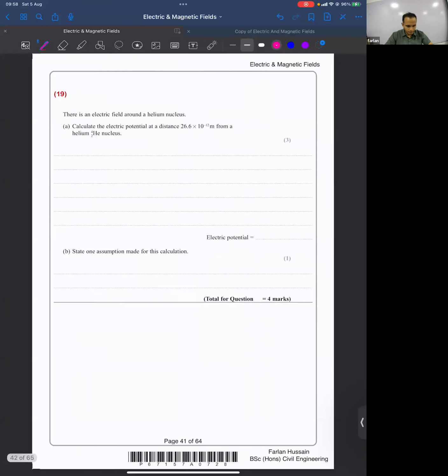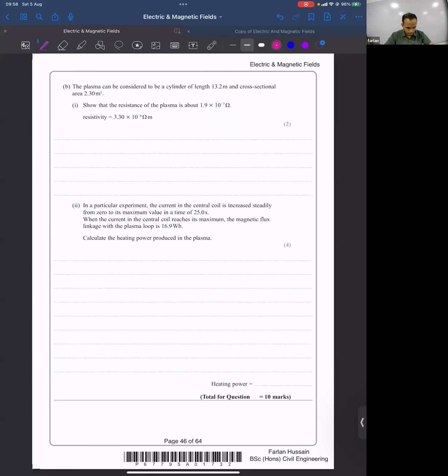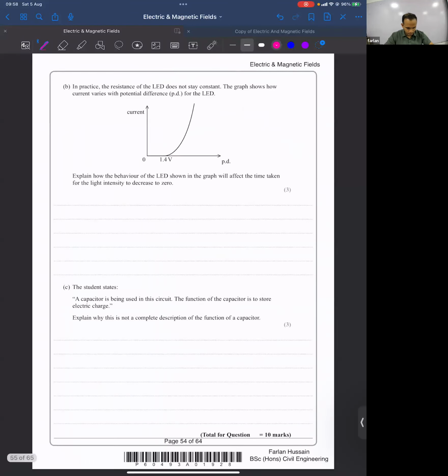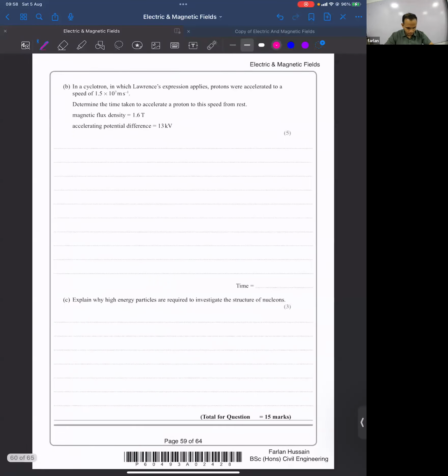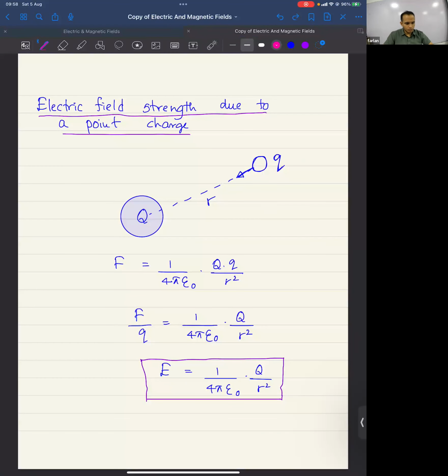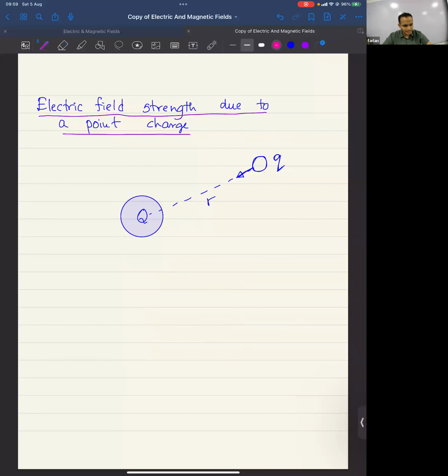Guys, write down the subtopic. Electric field strength due to a point charge.